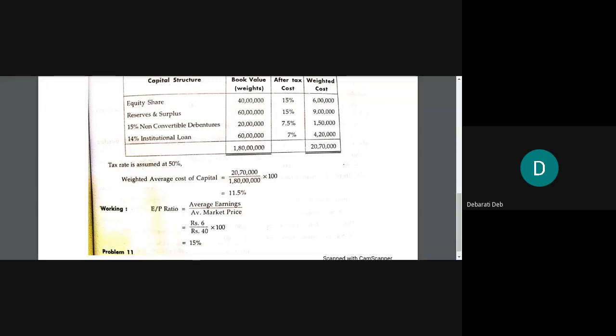Okay, you write cost of equity share and cost of retained earnings equals average earnings per share divided by average market price.